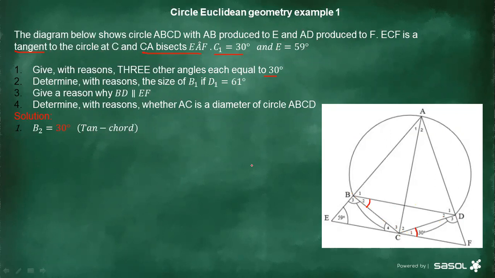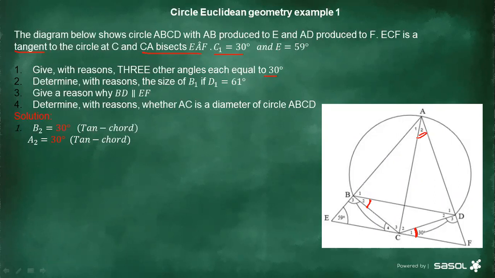And the other angle equal to 30 is angle A1, meaning this angle here is equal to this one. The reason is also tan chord, because angle C1 equals angle A1.